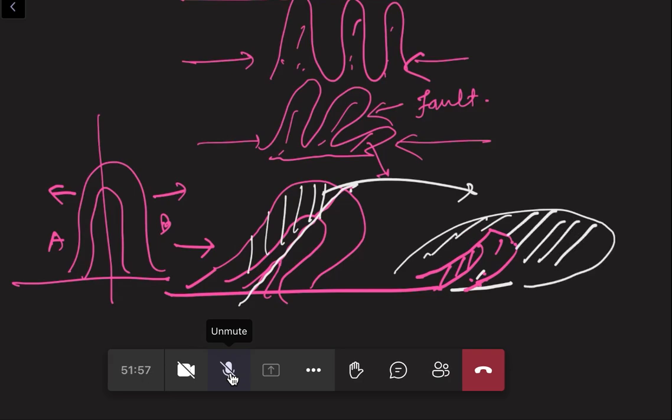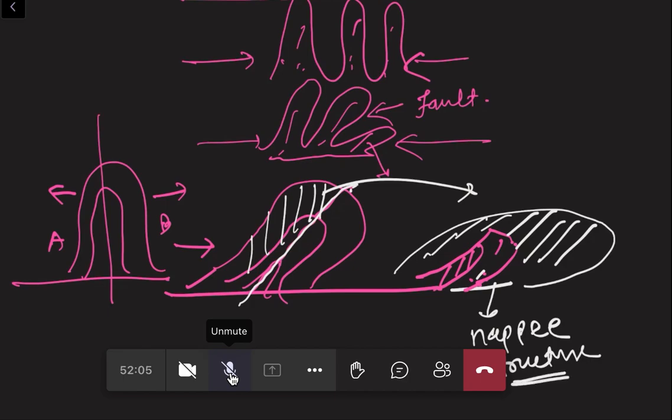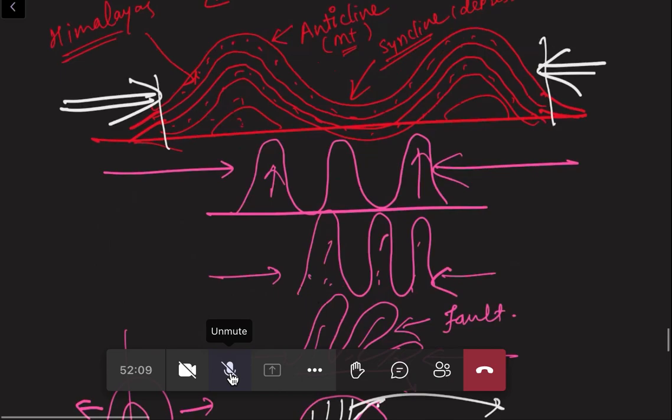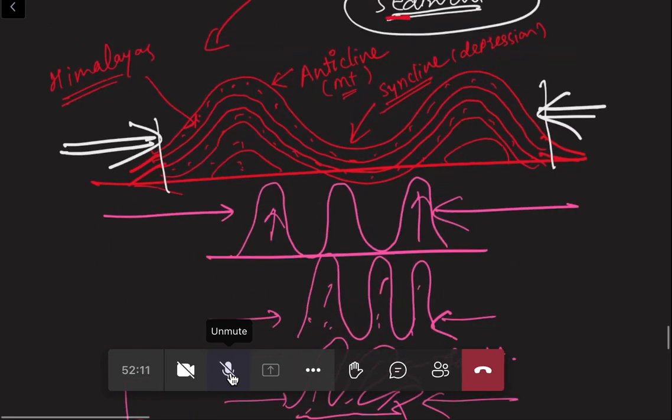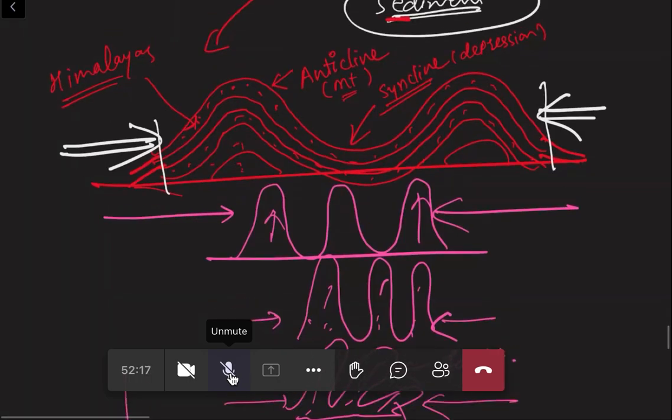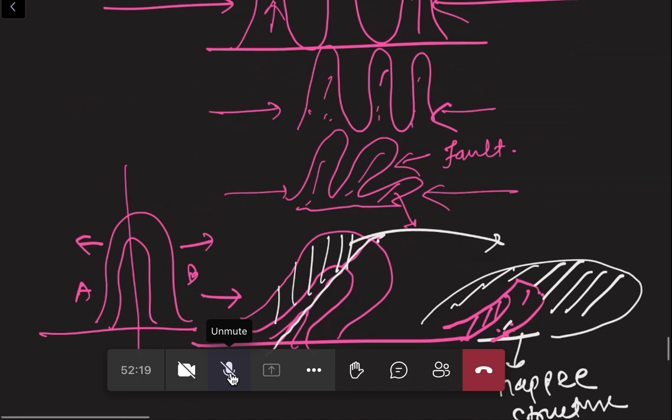This type of structure is called a nappe structure. It happened because more compressive forces have distorted the anticlines and synclines. Compressive forces change the shape of anticline and syncline, leading to this complex structure.